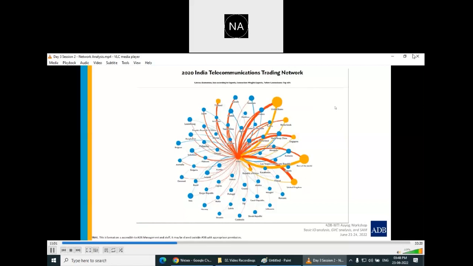Another information you'll see here is that the circles are differently sized. So some are large circles while others are small circles. Let's look at an example of a large circle. So United States. The circle here represents the amount of total exports. So that's coming from the other data set that I told you earlier.